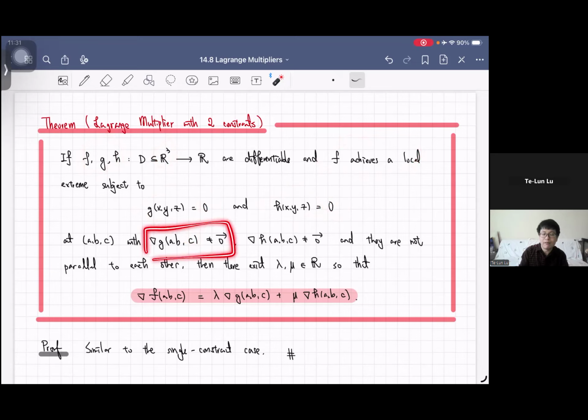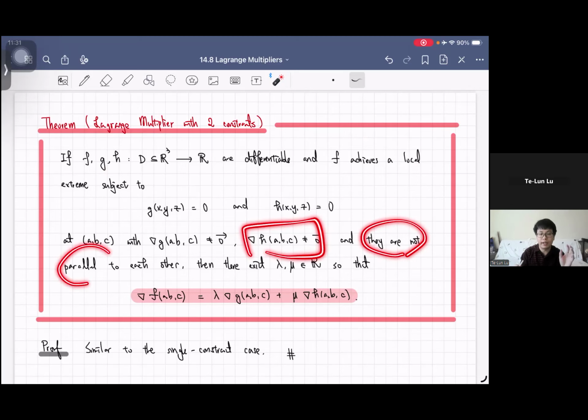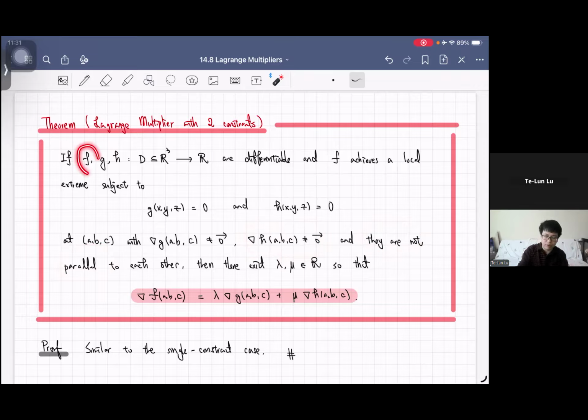So whenever the gradient of g and the gradient of h are non-zero, and they are not parallel at the point ABC, and f achieves the local extreme on this constraint at the point ABC, then the gradient of f can be a so-called linear combination of gradient g and gradient h, meaning that there is a lambda, some Lagrange multiplier, and mu, such that gradient of f is equal to lambda gradient of g plus mu gradient of h at the point ABC.